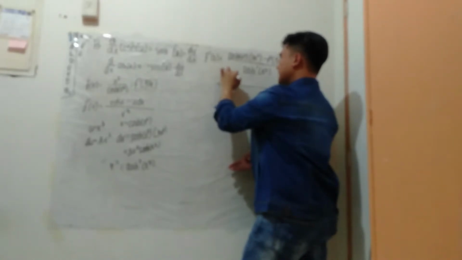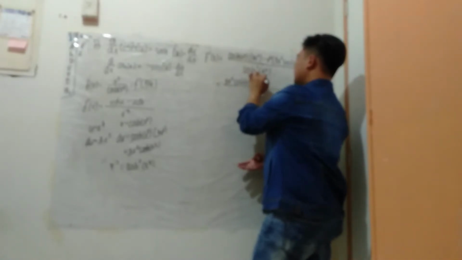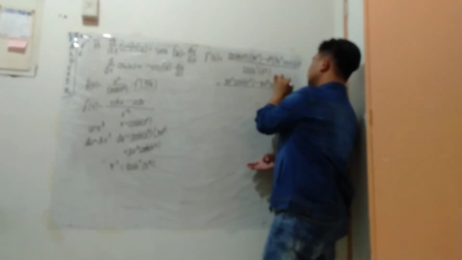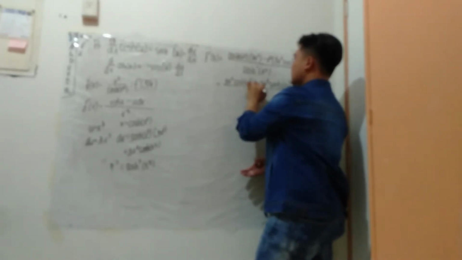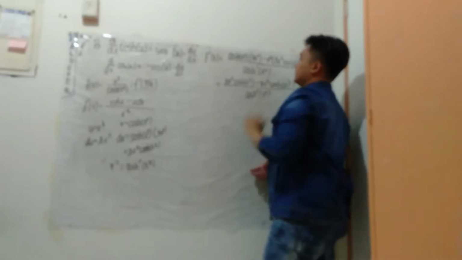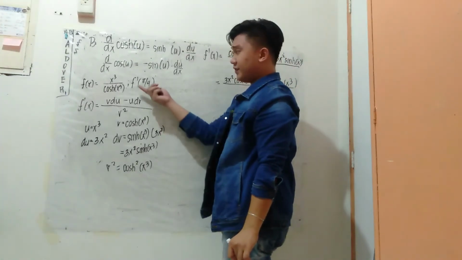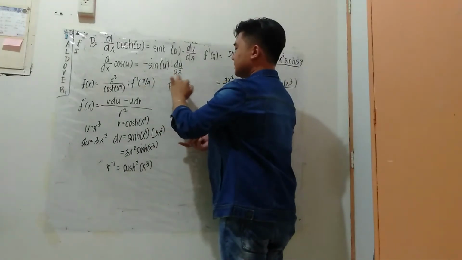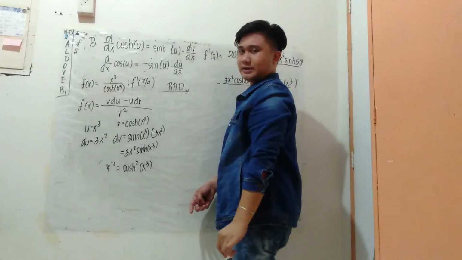This is equal to 3x squared cosh x cubed minus 3x raised to 5 sinh x cubed all over cosh squared x cubed. Okay, remember, kapag nag-differentiate ka tapos mag-evaluate ka tulad nito, always remember that your calculator must be in radian mode, not in degree mode.